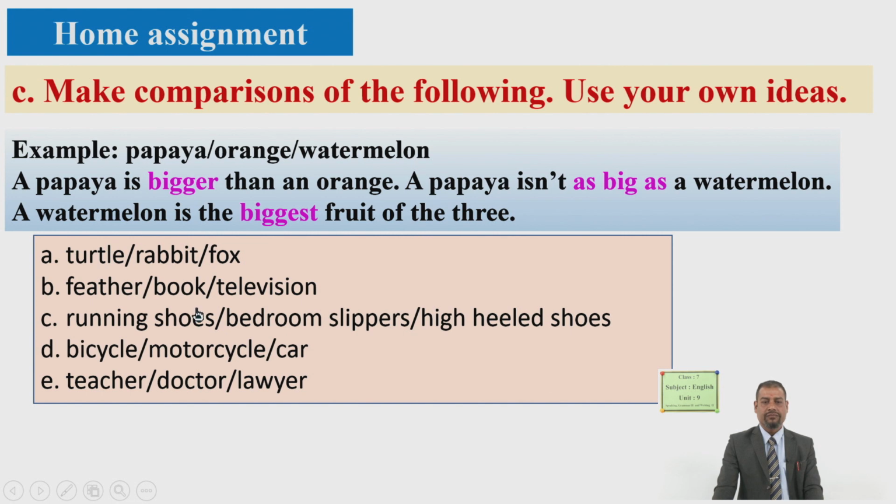B, feather, book, television. C, running shoes, bedroom slippers, high-heeled shoes. D, bicycle, motorcycle, car. E, teacher, doctor, lawyer. So can you do it? Okay, you do it at your home in your free time and show it to your English teacher, okay?